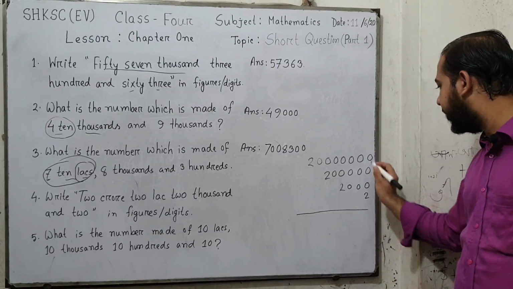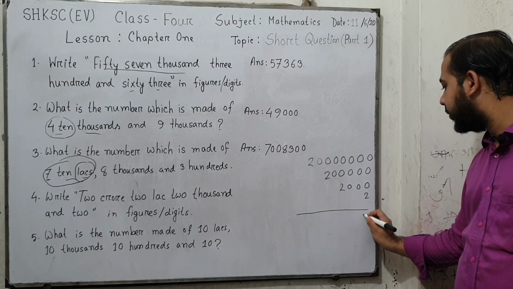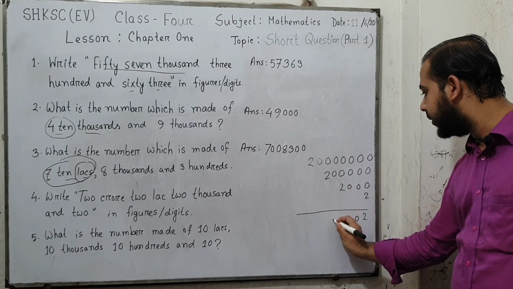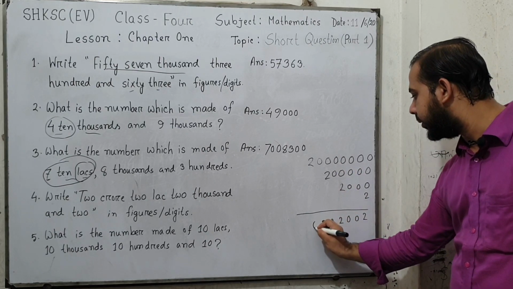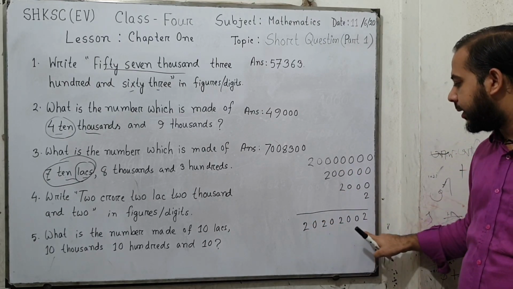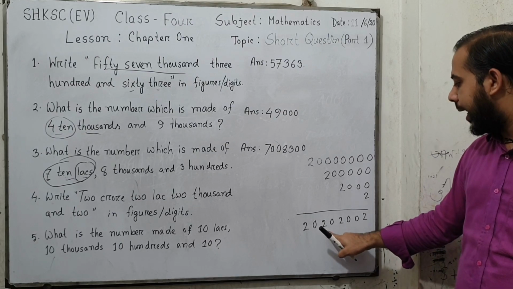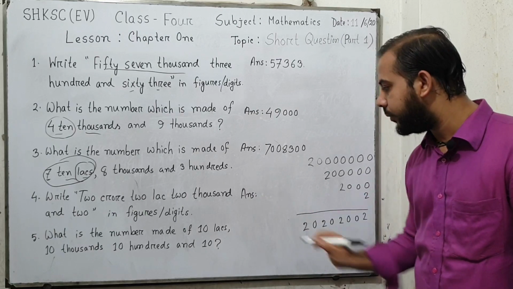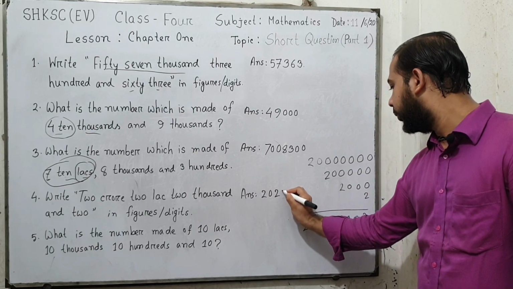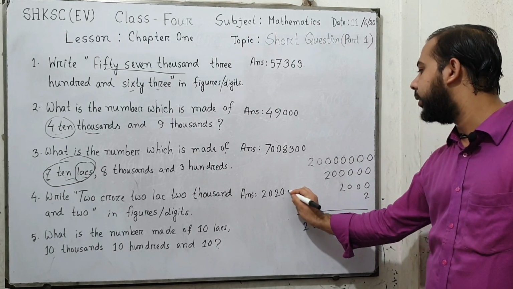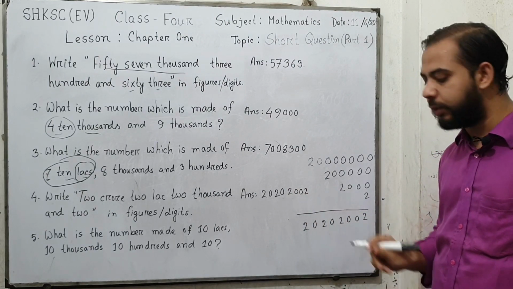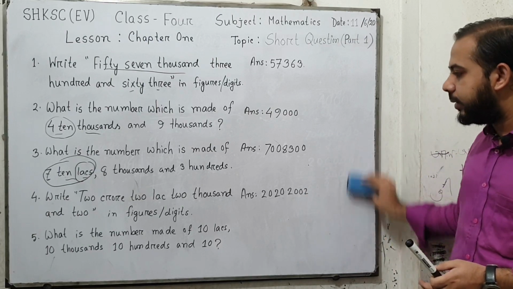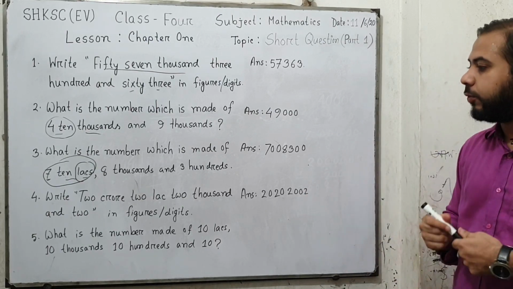Now if we add these 4 numbers, this will be our answer: 2 crore, 2 lakh, 2002. So we write the answer here. So like this, we need to find the final answer for question 5.